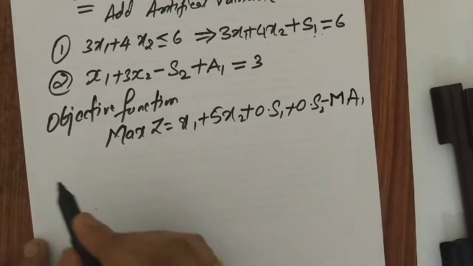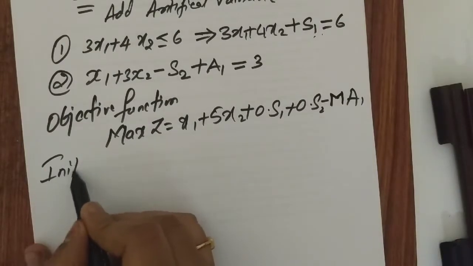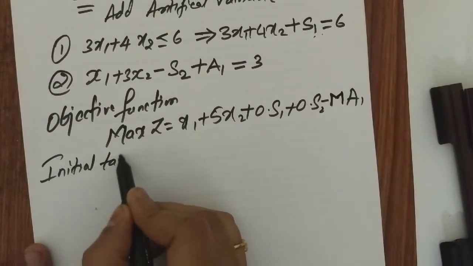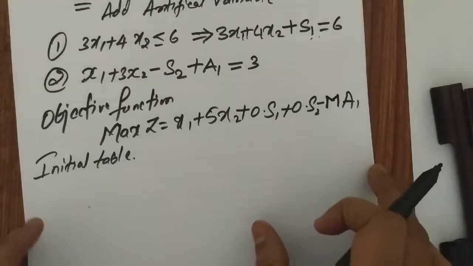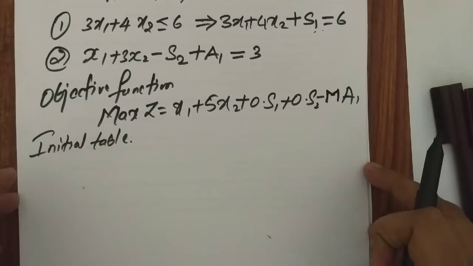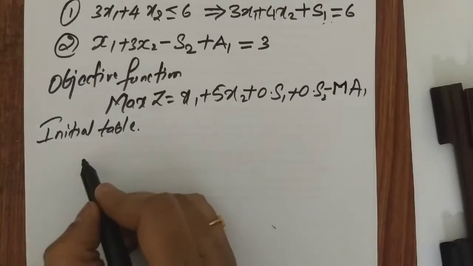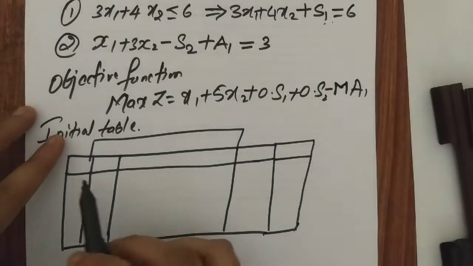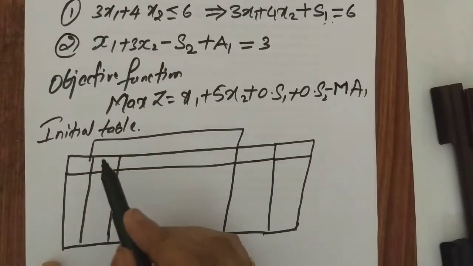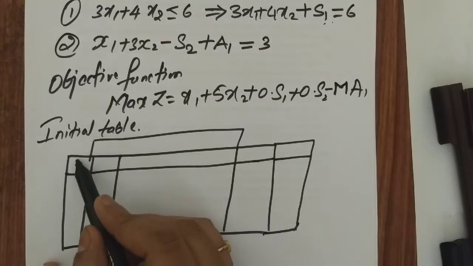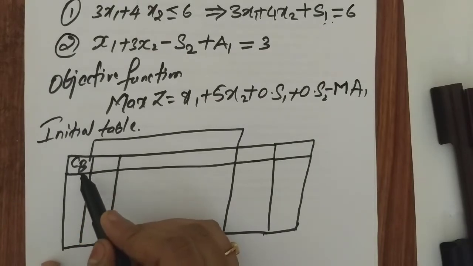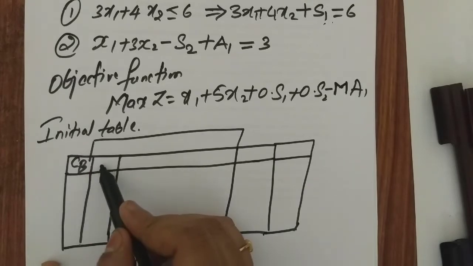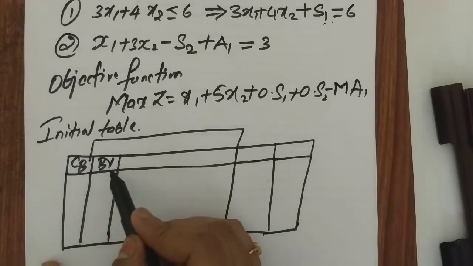Next, we will have a table called the initial table. If you are already familiar with the simplex method, this Big M method is very simple. First, construct a table. The first element is CB, the coefficient of the basic variable. Next is BV, the basic variable.